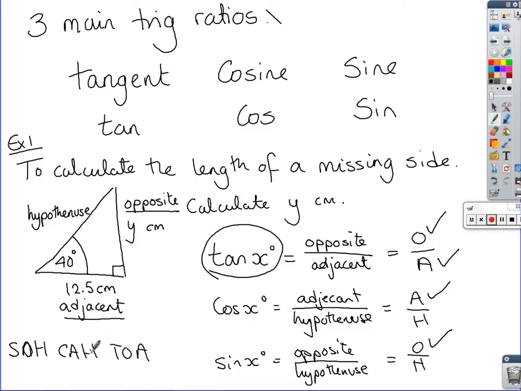And the TOA comes from the tan with the opposite over the adjacent. So you might want to remember this little bit down here to remind you of which trig function you should be using for what sides you have been given in the calculation. So in this case we decided that we would be using tan. We'll do the working over on the next page. I'm just going to redraw the right angle triangle.